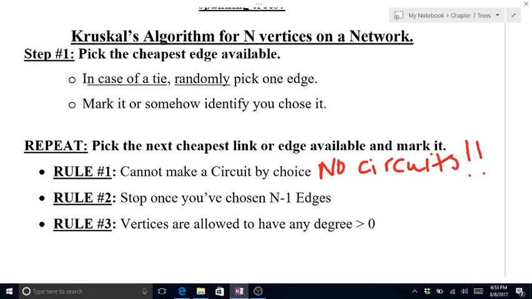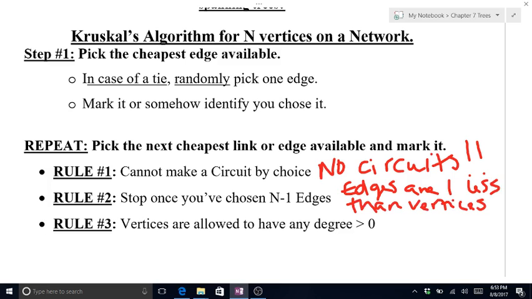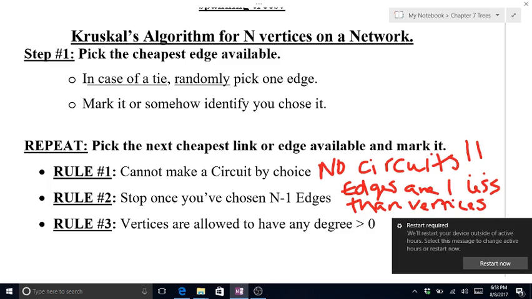Remember, edges are one less than vertices. So you can always count up how many vertices you have and then know how many edges you need. And vertices are allowed to have any degree that's greater than 0. So in other words, it must be connected.